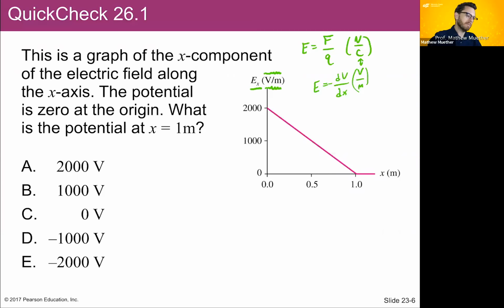So I'm showing you a function of the electric field in the X direction with respect to X. And what we want to do is find what the electric potential is over here. What is V here, if we know that the electric potential at position 0 starts at 0? Let me see what you think.